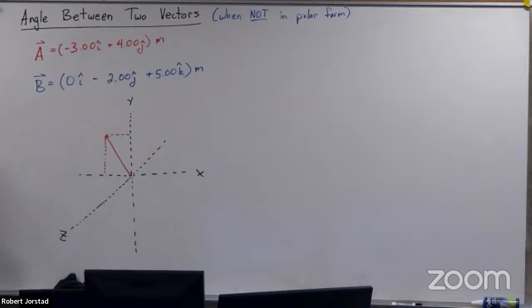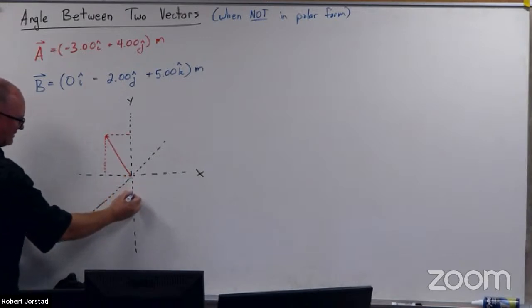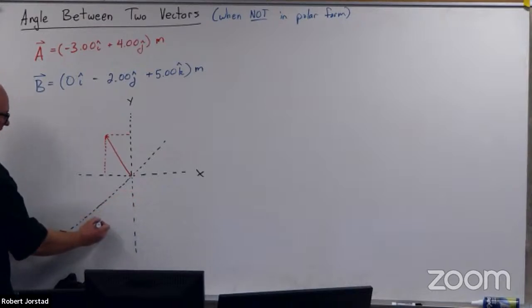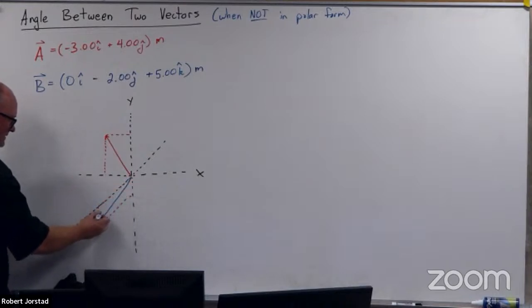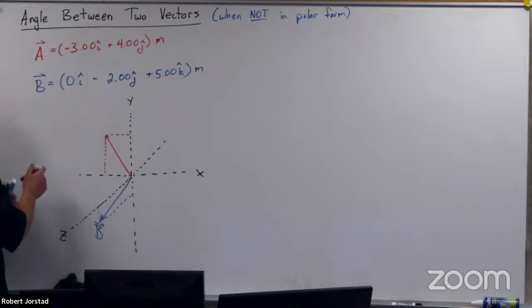Now I'm going to try and draw this vector, which is down 2, a little bit less, and then it goes out 5. 1, 2, 3, 4, 5. So that's the vector B, and this is the vector A.